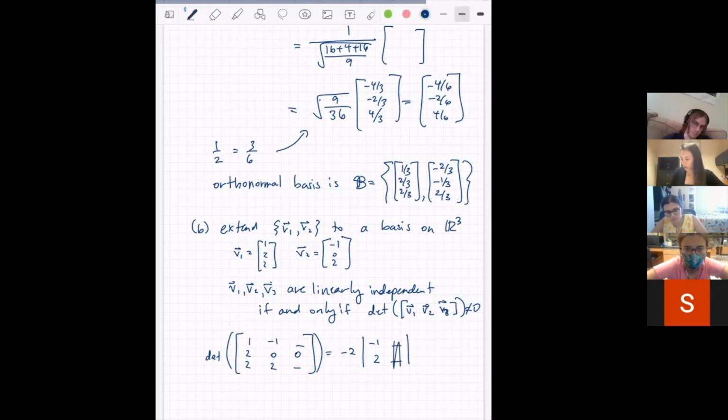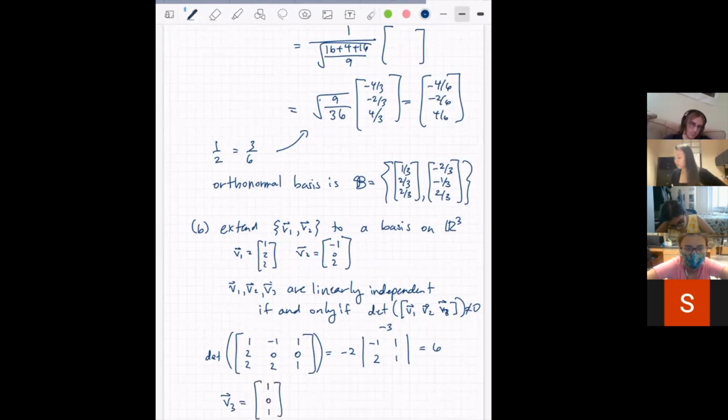If we take 1 and 1, we should get something non-zero, right? The determinant of that is -1 - 2, so -3 for this 2 by 2 determinant, which would give us 6 here. Okay, so now I've found a vector that is linearly independent. So V3 will be 1, 0, 1.